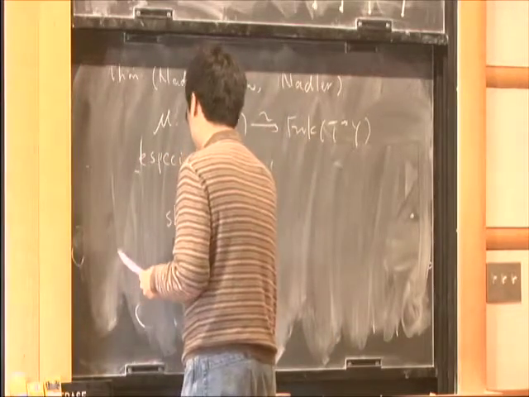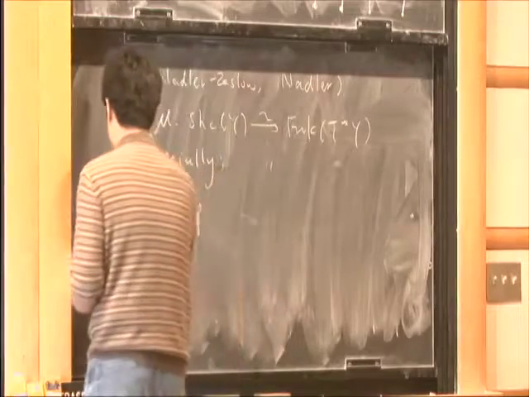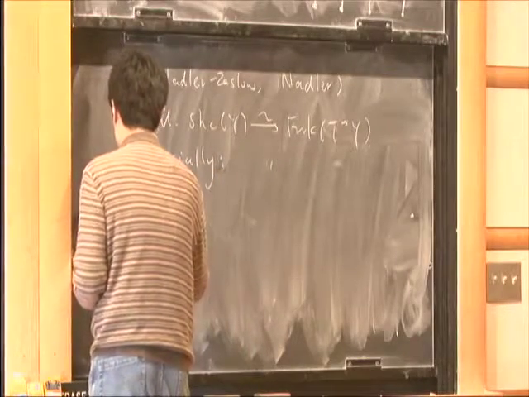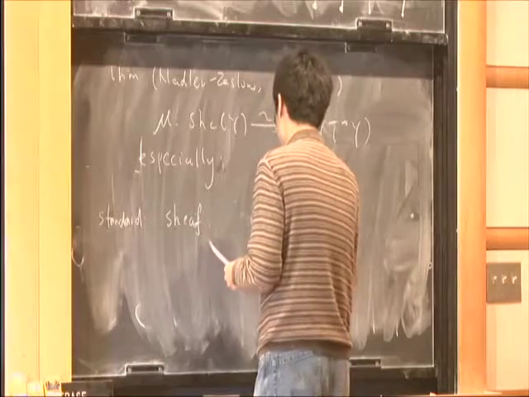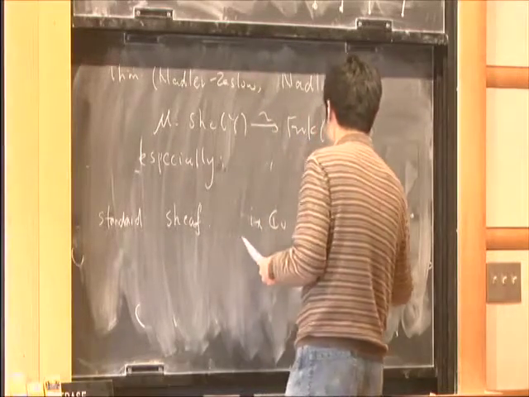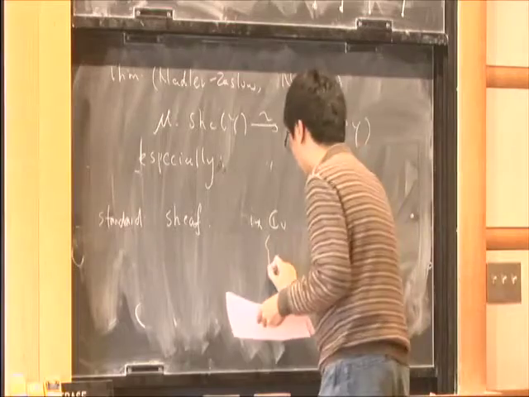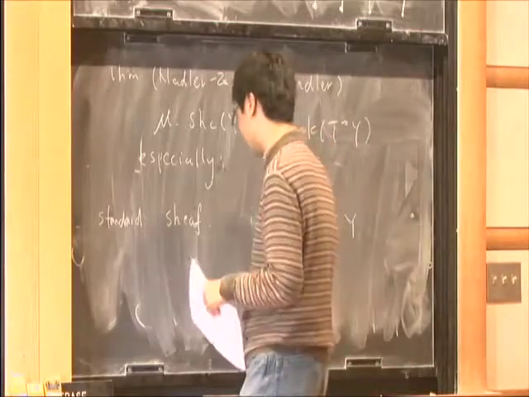A sheaf, I call it a standard sheaf, is i_* C_U, where U is a subset of Y, and it corresponds to the so-called standard Lagrangian.